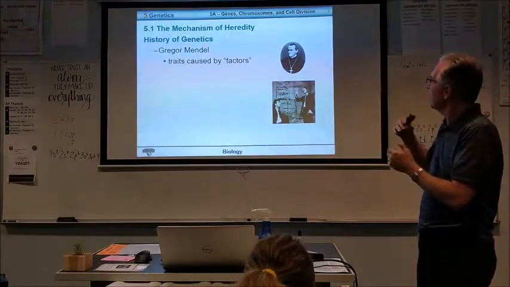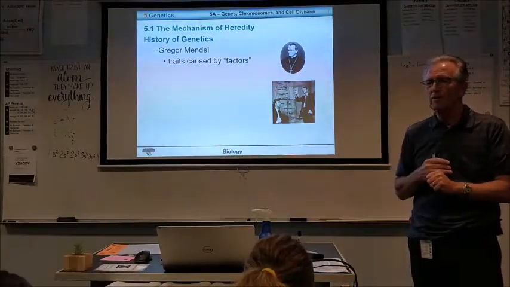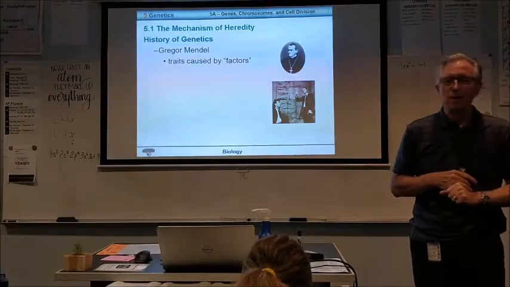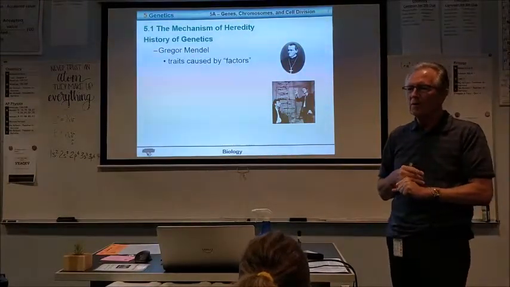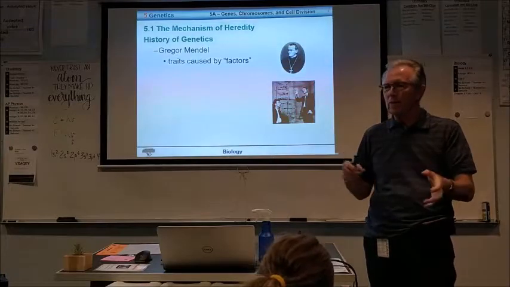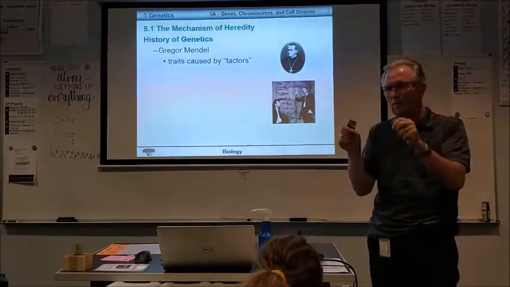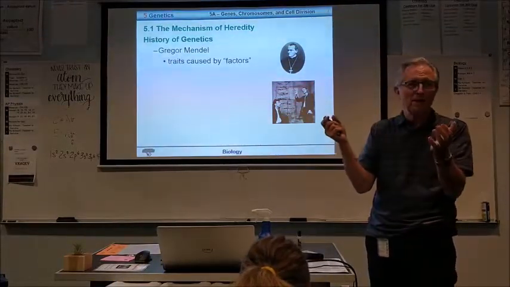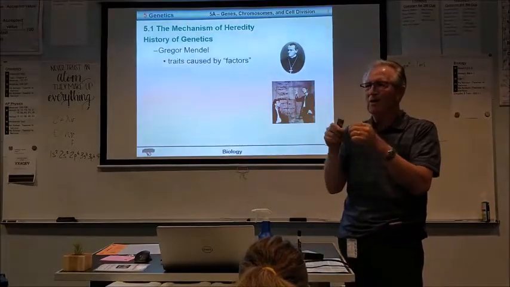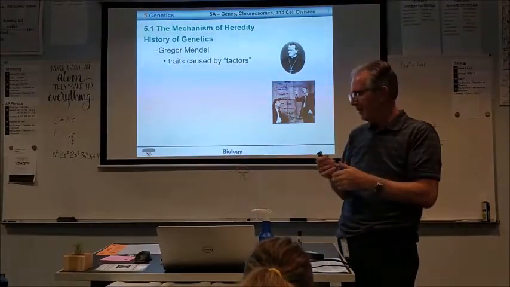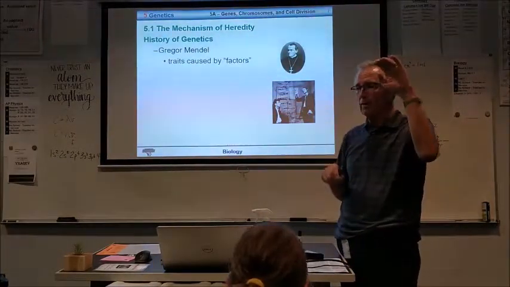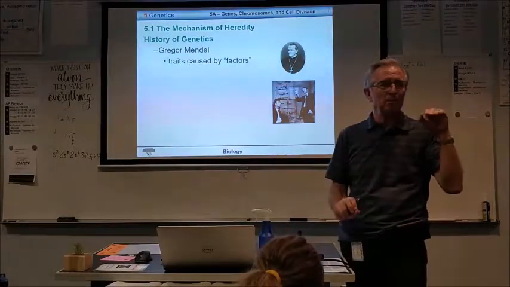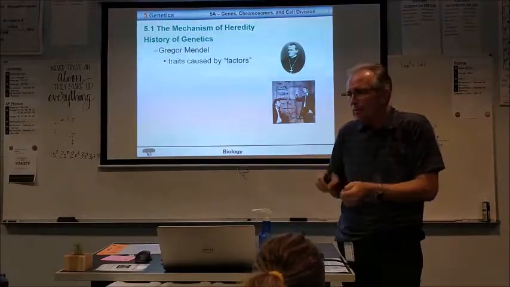And Gregor Mendel's job was to garden. And as he gardened and would plant all these different plants and grow them, and he would spend a lot of time out in the garden, I guess, he would figure out, what if I crossed a tall green pea plant with a short pea plant? What's going to happen? And he would record the results.